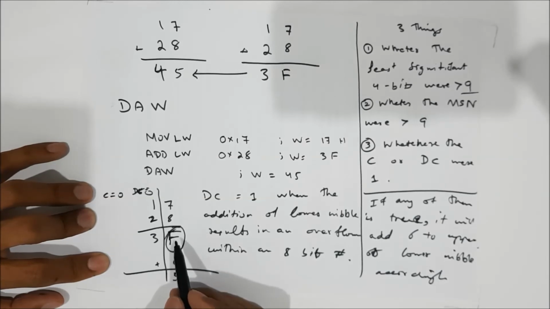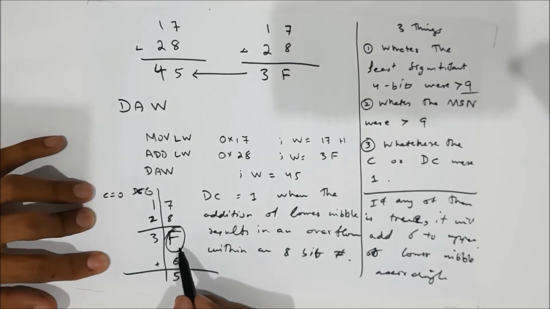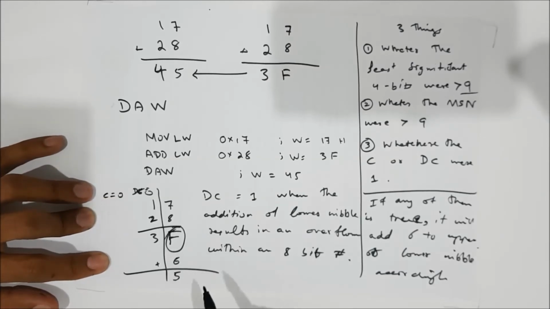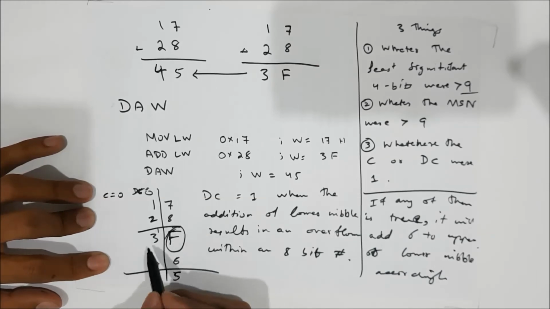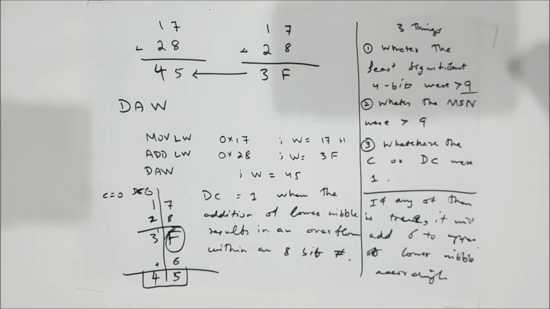So if we add 6 to it, it will first overflow to 0 and then start from 1, 2, 3, 4 and then 5. Now this is 5 and the digital carry will be equal to 1. So 3 plus 1 is equal to 4. Adding 6 to the least significant nibble will convert that hexadecimal number into a BCD number.